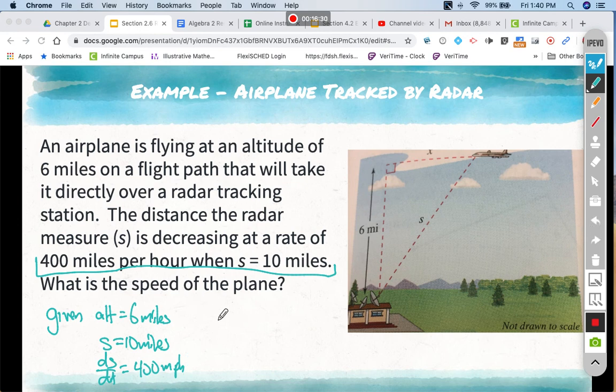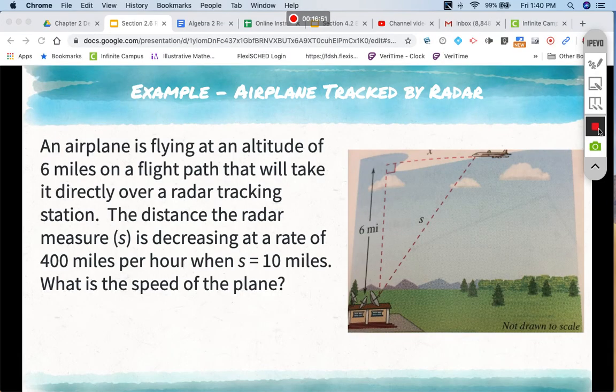And we need to find the speed of the plane, which is dx/dt, because x is the change in position here. So that's what we're given, and that's what we need.